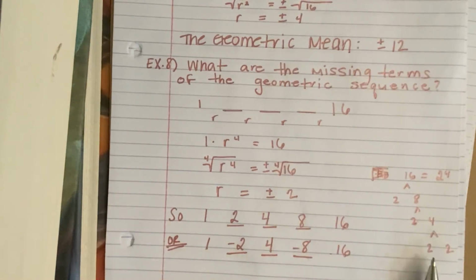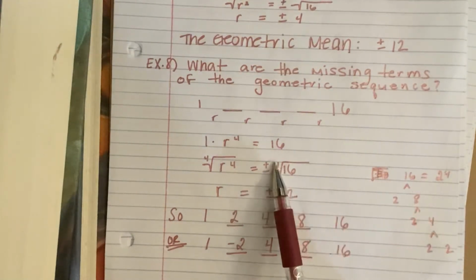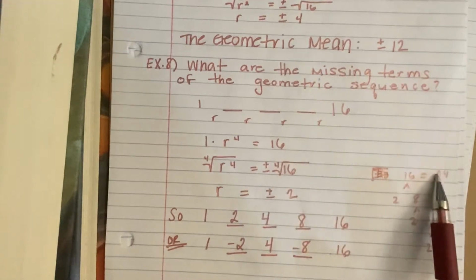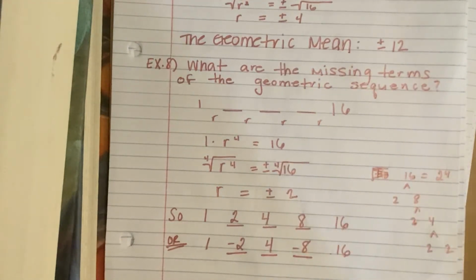And 4 can break down to be 2 and 2. So 16 is 2 to the 1, 2, 3, 4th power. 2 to the 4th. So if we took the 4th root of 16, or the 4th root of 2 to the 4th, that leaves us with 2. So your ratio for this problem could be positive 2, or it could have been negative 2.